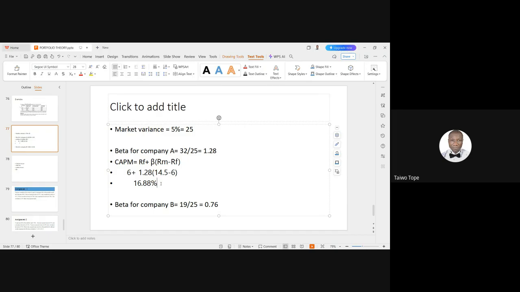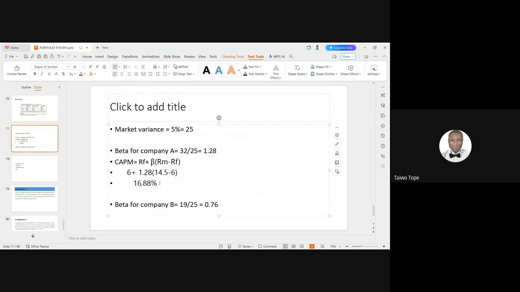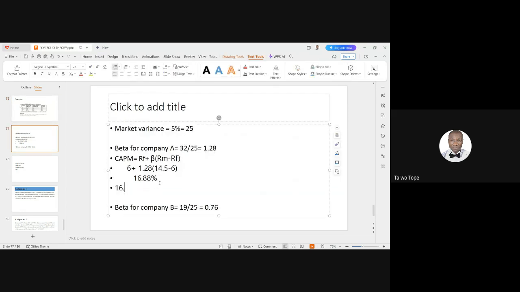When you go to the first return, see it, 16.88. So what is the difference between your forecast and your computed CAPM? There's no difference.